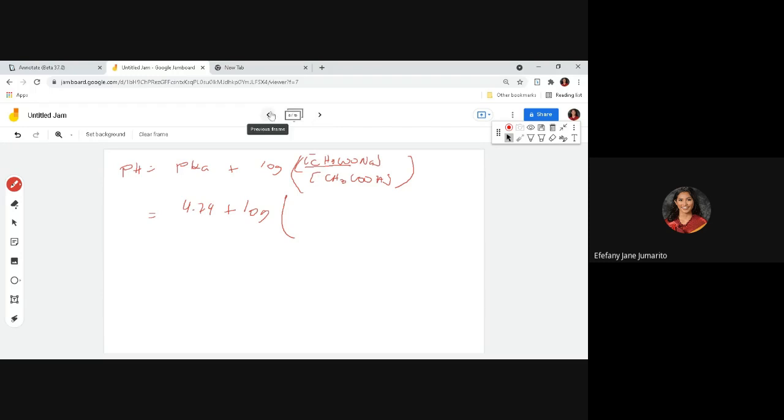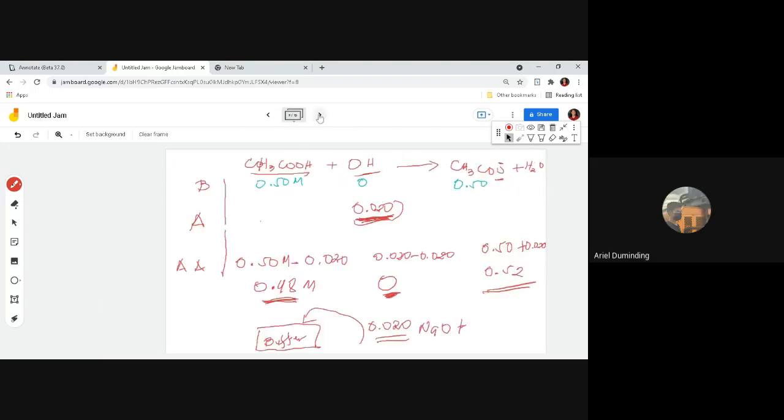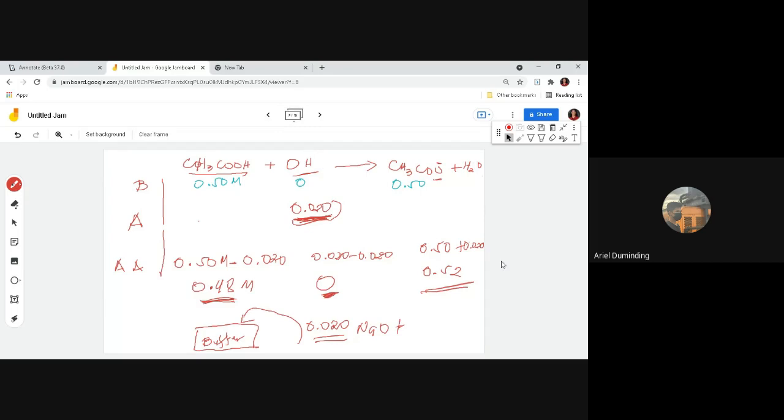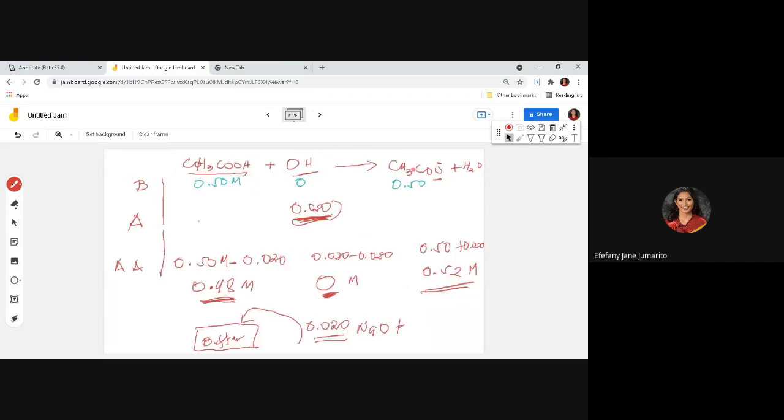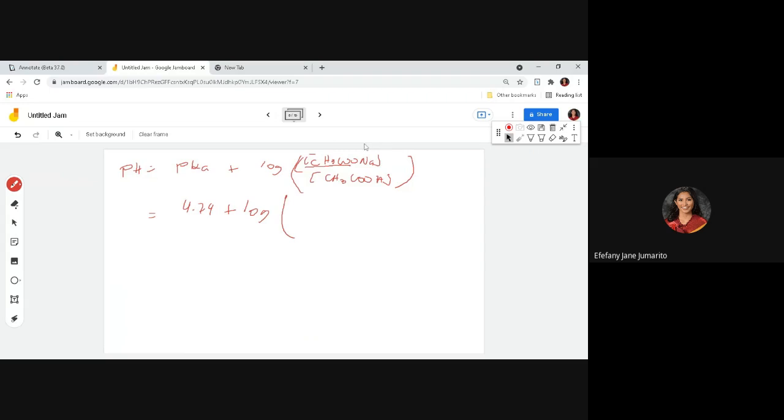What's the concentration? 0.52 molar. Now, don't be confused, class, if we have Na and then just a minus. Na is just a spectator. It is there but it does not participate. CH3COONa, we have 0.52.